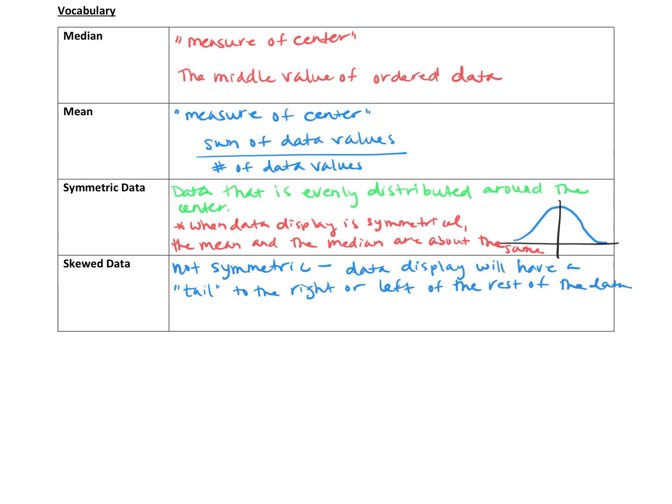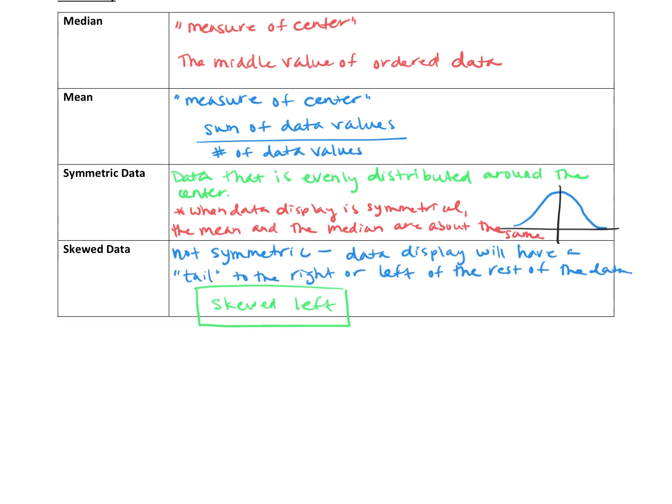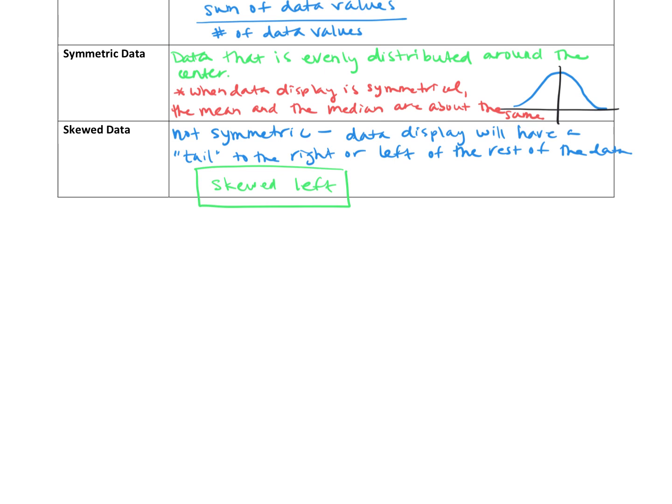Okay, so let's talk about that for a second. If you have data that is skewed left, good thing you have some more room on your paper, right? What that looks like is you might have a tail to the left of the rest of the data.